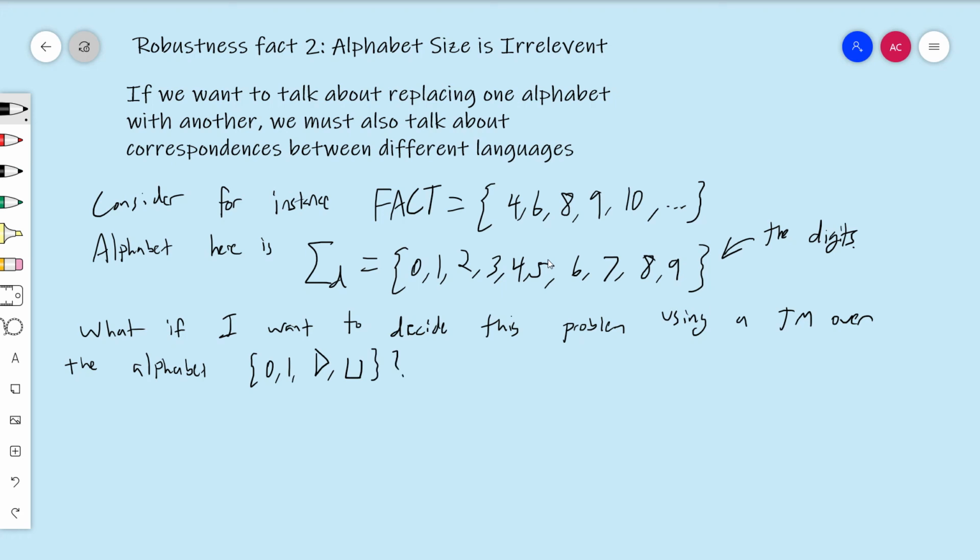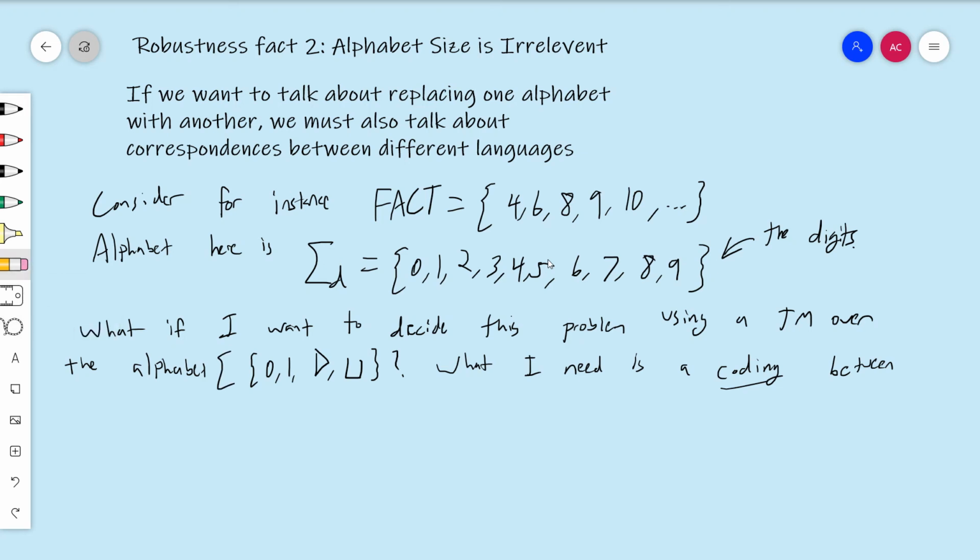I mean, that's not the same alphabet, right? So what I need is a coding, maybe I'll call it sigma.